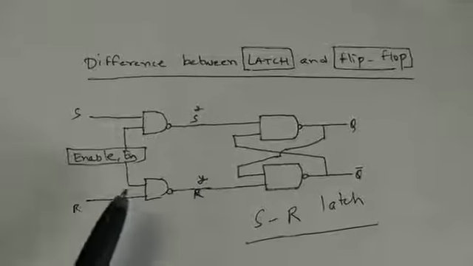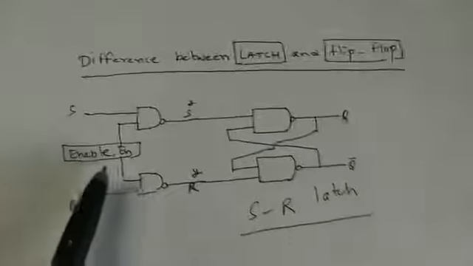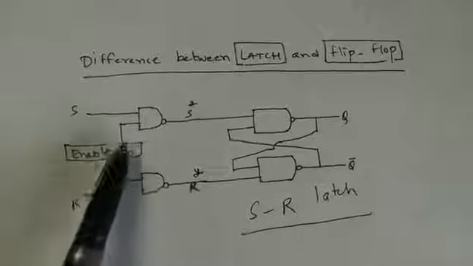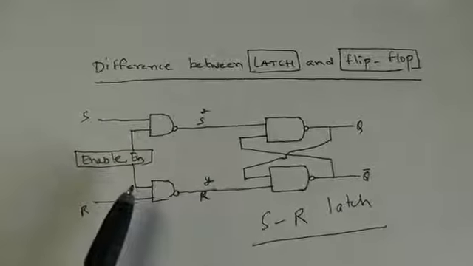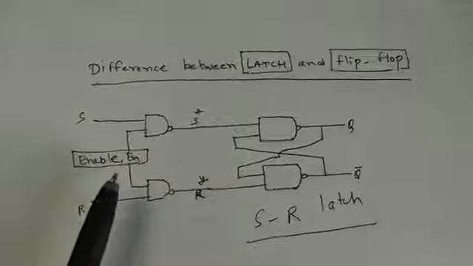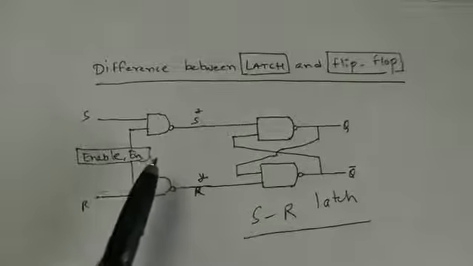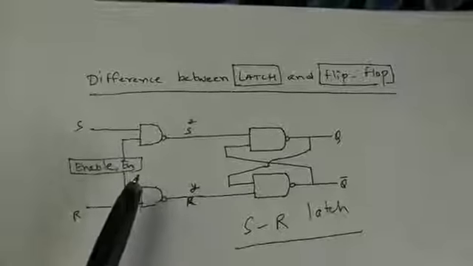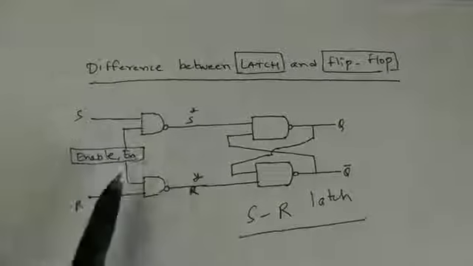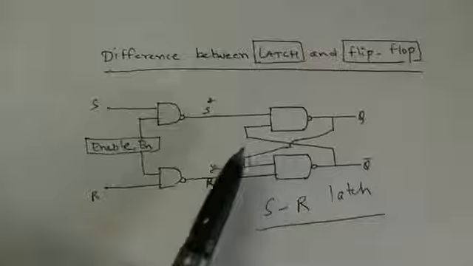So here, as you can see, this is the main control input which we have connected, and now let us see how this particular circuit can function in both ways. It can function as a latch, and it can function as a flip-flop also.